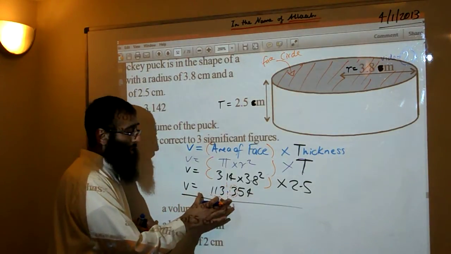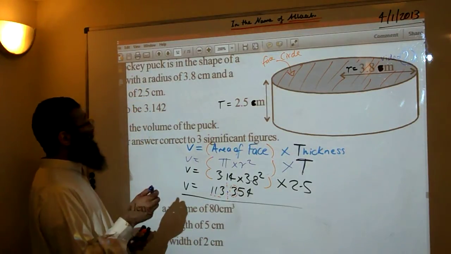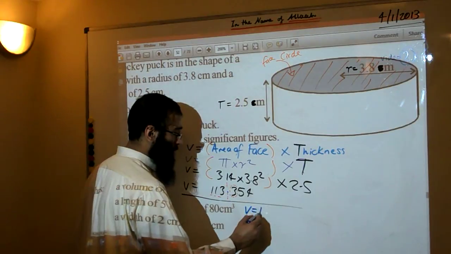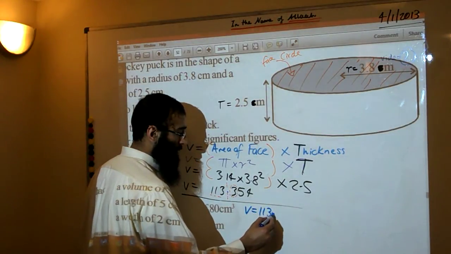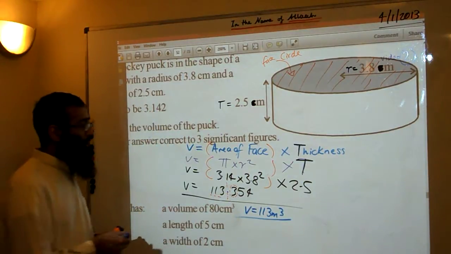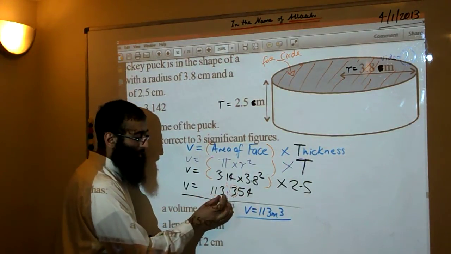So 113.354, if we round that off to 3 significant figures, gives us a volume of 113 meters cubed only. The reason is that we're already at the decimal point here, that's where the third significant figure is.